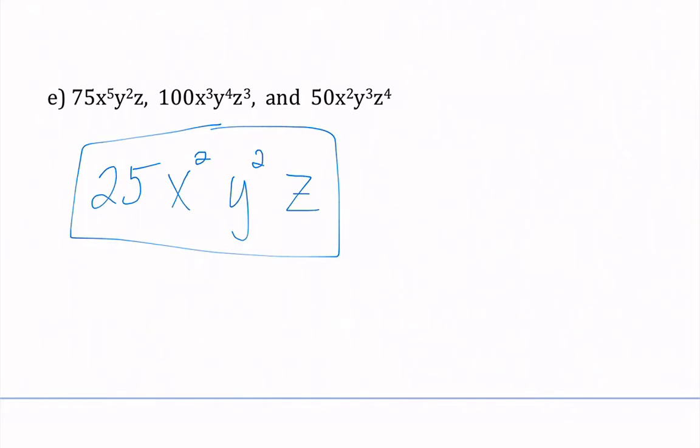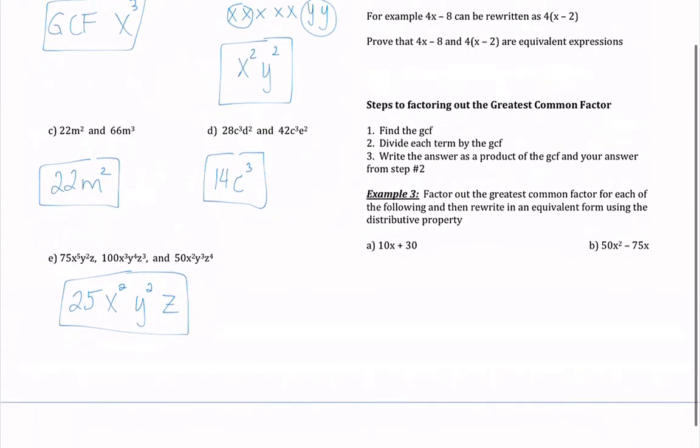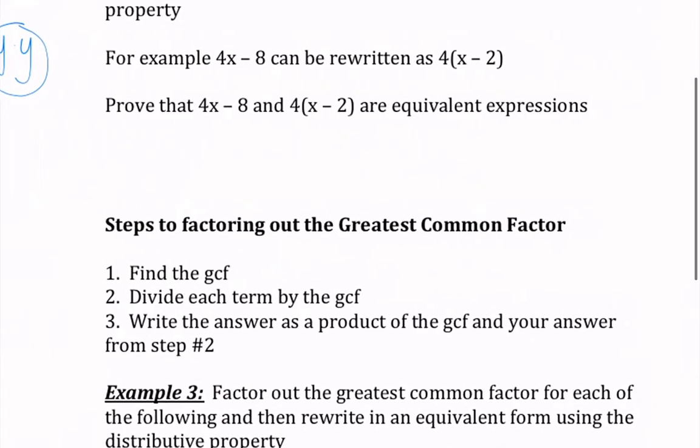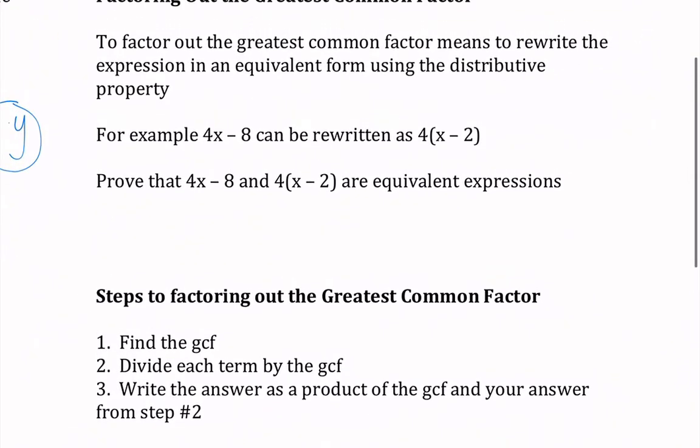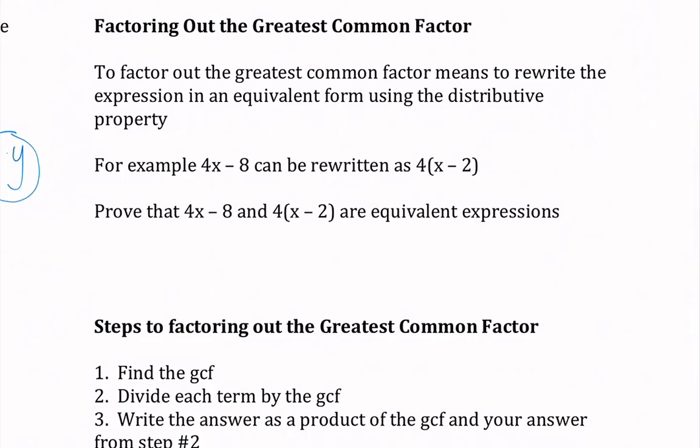All right, so then we're going to work on factoring out our greatest common factor. So this is pretty much what we're doing. If I look at 4x minus 8, I know the greatest common factor between 4x and negative 8 is 4. 4 goes into 4, 4 goes into 8.